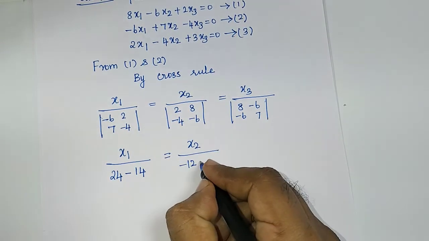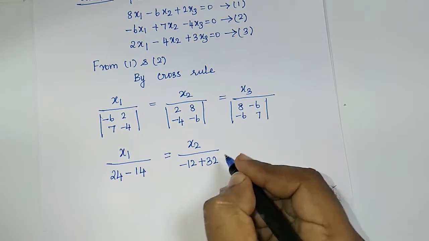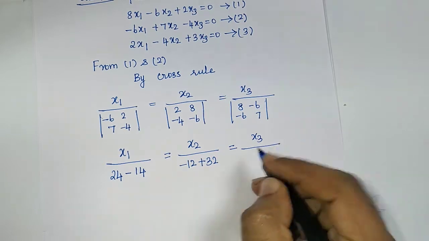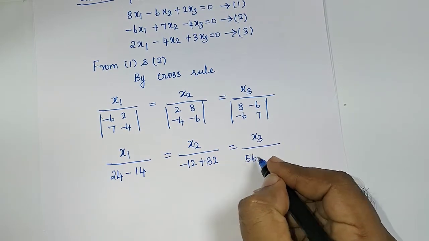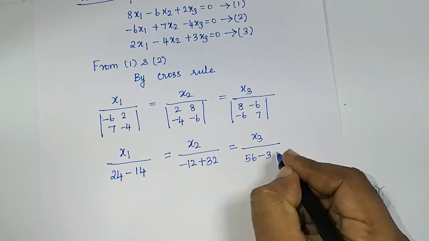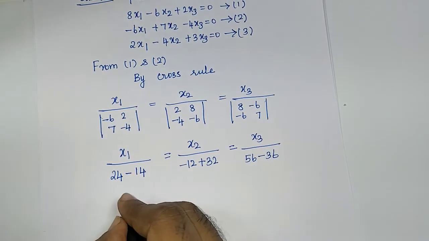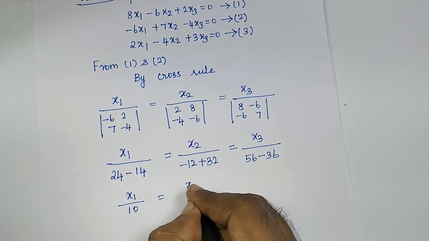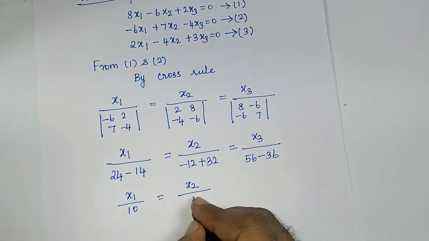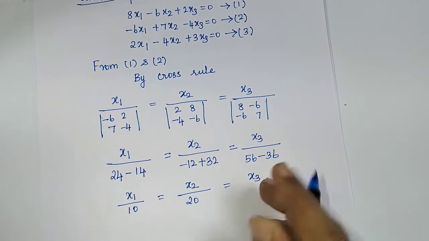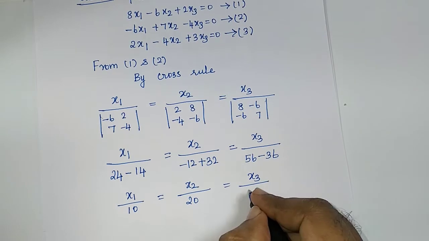In our formula minus into minus plus 32, is equal to x3 divided by 8 into 7, 56, minus 6 plus 36, 36. So x1 divided by 10 and x2 divided by 20 and x3 divided by 20.